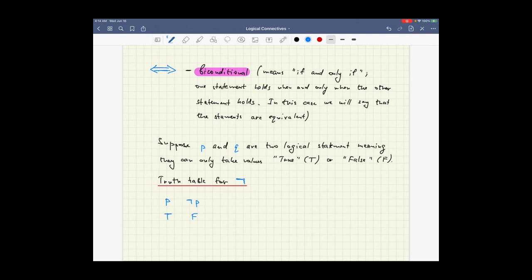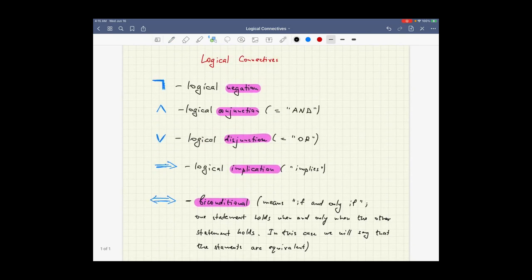And vice versa. Whenever P is false, its negation not P must be true. Okay, that's the truth table for the logical negation.